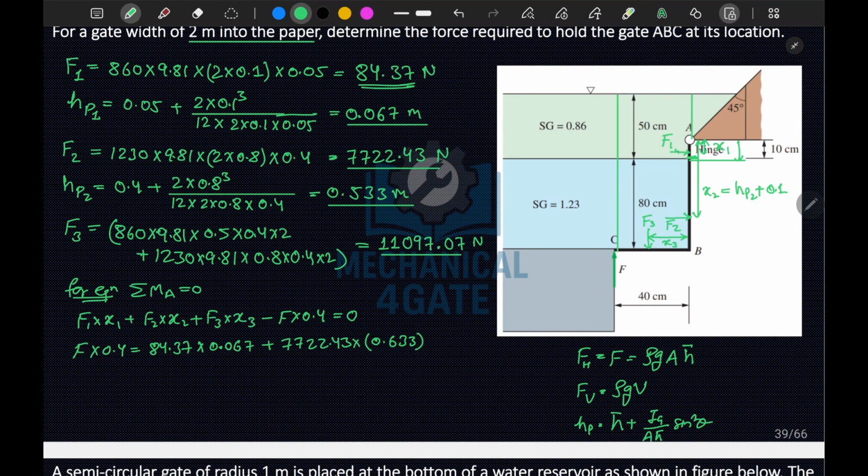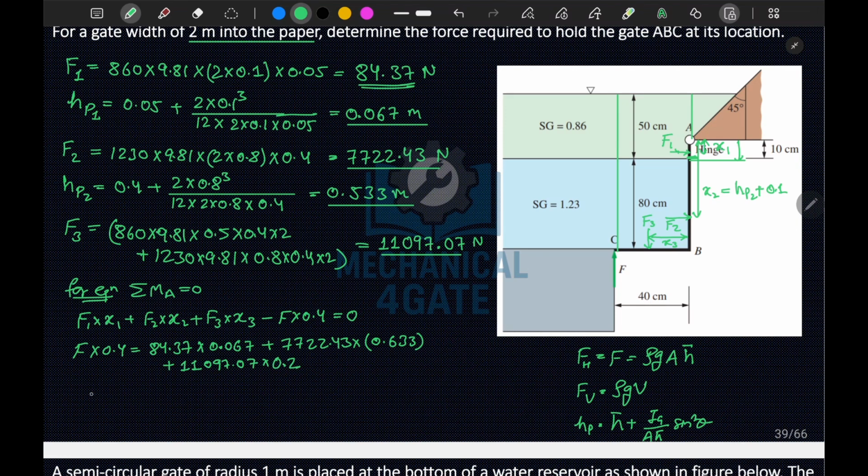And plus F3, which is 11,097.07, into x3. This x3 will act on the center of CG, so this will be half of 40 centimeters, that's 20 centimeters, 0.2 meters.